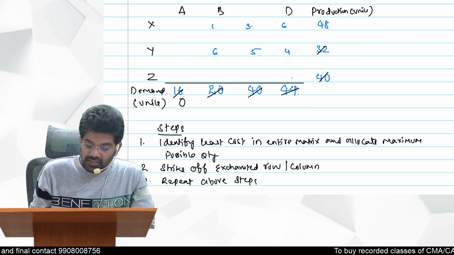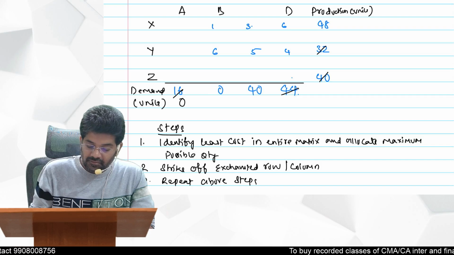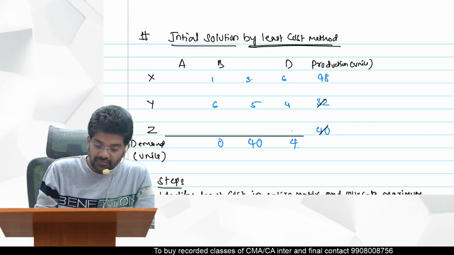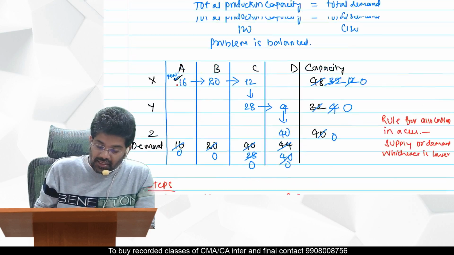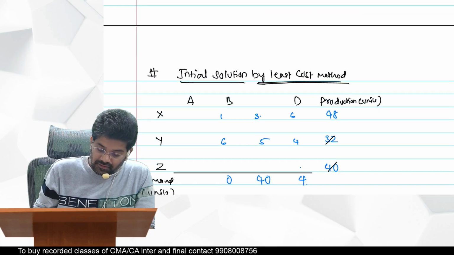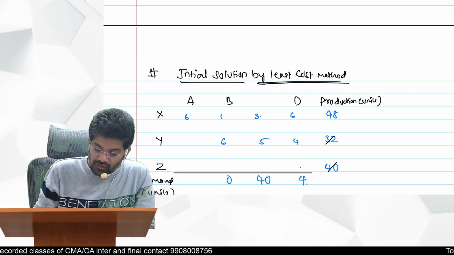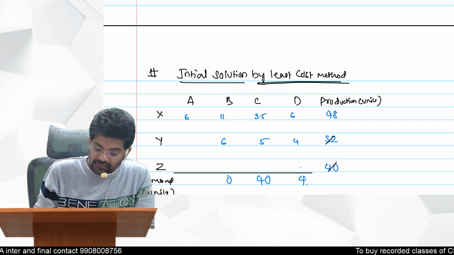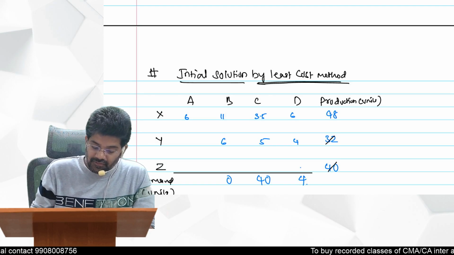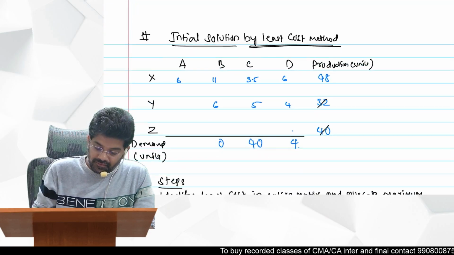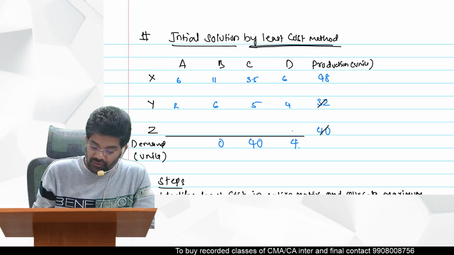So I will do it by the least cost method. X is 6, 11. 6 small, you take 11. 3.5 C. Then Y 2 small, 6, 5, 4, 3, 2.